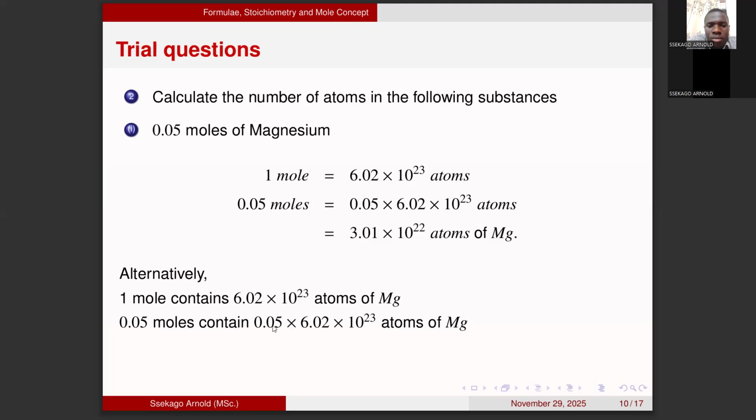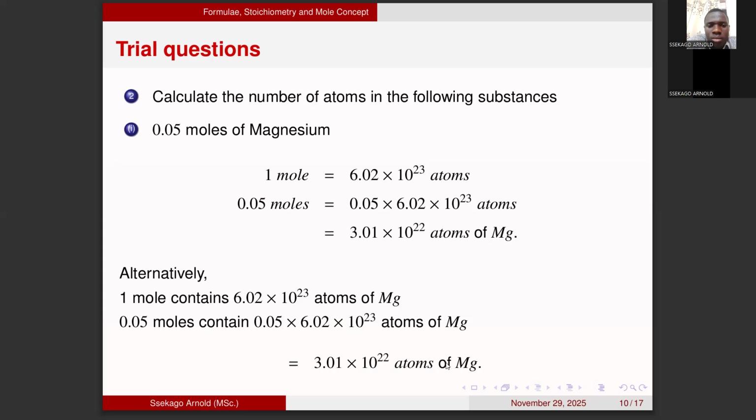This will contain 0.05 times 6.02 times 10 power 23 atoms of magnesium. And computing this, we obtain the same answer, 3.01 times 10 power 22 atoms of magnesium. Alternatively, this one can as well work. However, it is a technical approach. You will know with time why I'm calling it a technical approach.